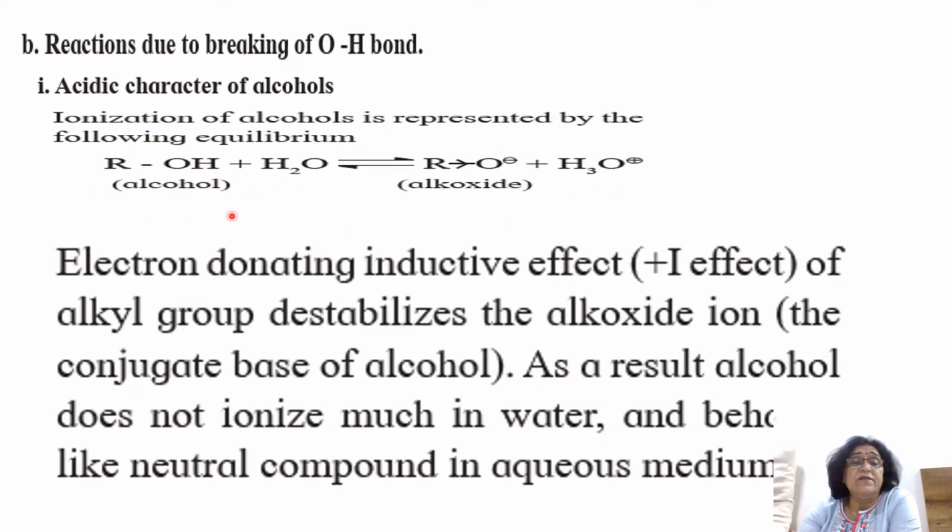When alcohol gives out its proton, it acts as an acid and forms a conjugate base, that is alkoxide ion. And H2O accepts this proton, so it is a base and it forms the conjugate acid. So this electron donating effect of the alkyl group destabilizes the alkoxide ion and hence the alcohol does not ionize much in water and behaves like a neutral compound in the aqueous medium.